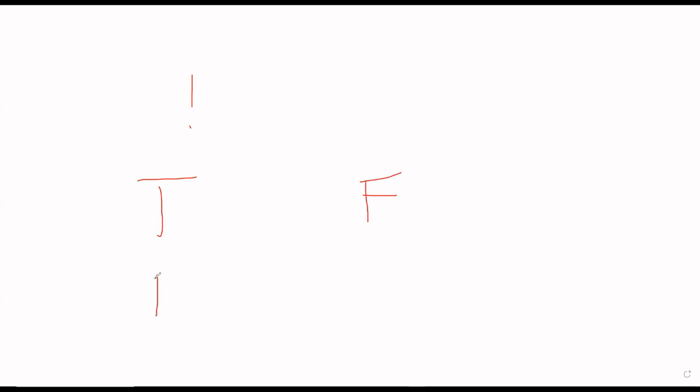If the input is false, it is what we call a unary operator, because it takes only one input, just one operand.